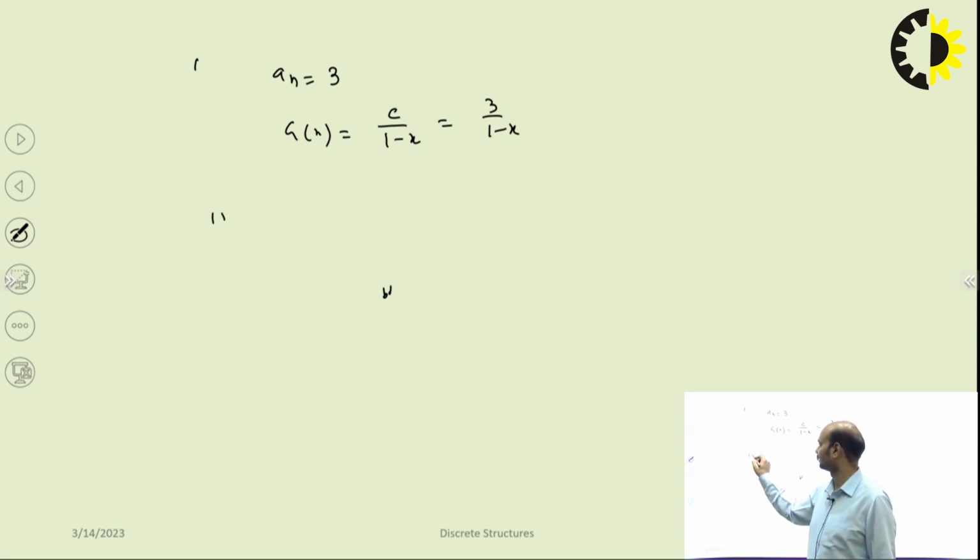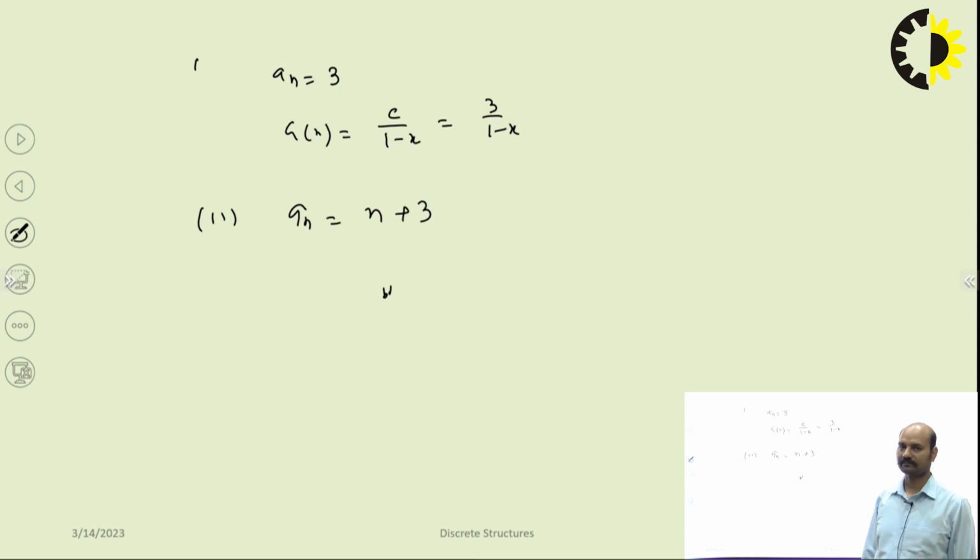We take the second numerical, that is a_n is equal to n plus 3. So we divide this function into two parts, that is n and 3.